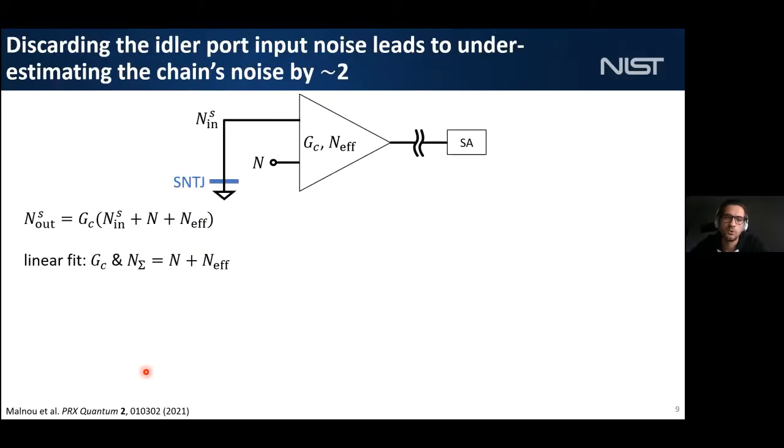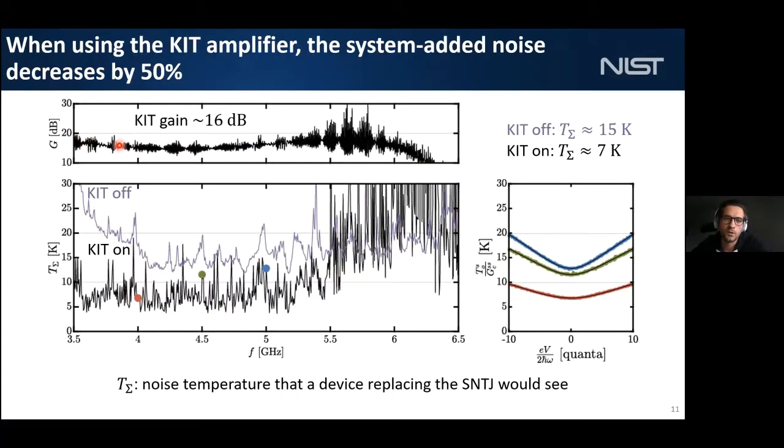When you change the pump frequency, your gain profile is going to change from being something like this, where the maximum gain is here and then it goes down and then it goes back up, to something that is flatter or more round in the middle. This just means that the phase matching condition is perfectly fulfilled for a signal frequency around here, an idler frequency that you don't see in this graph that is around here, and then it's less fulfilled here. So yeah, that's the answer. It's just changing the pump frequency that changes the profile of the gain.